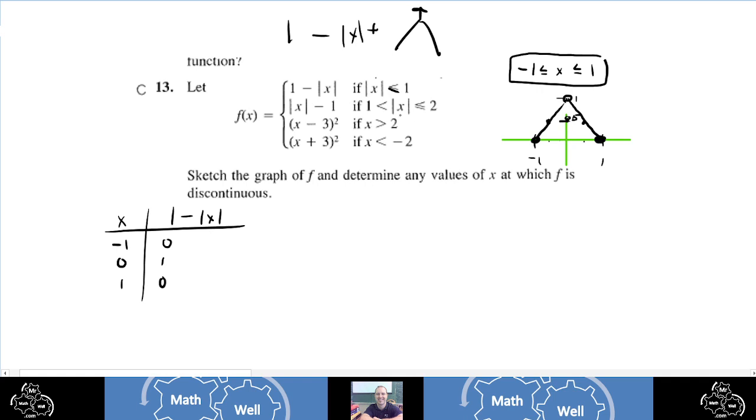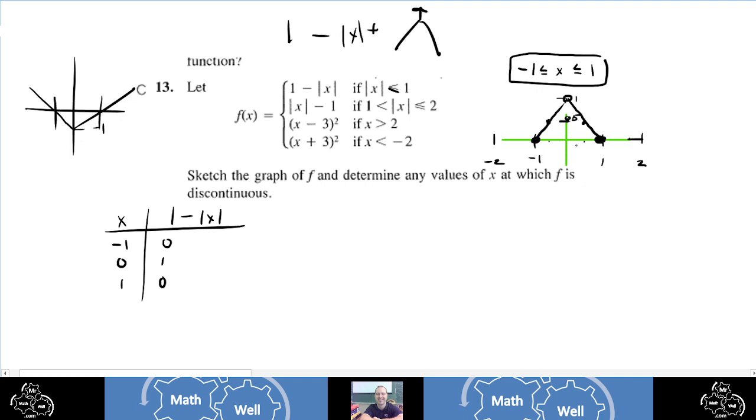What's this one? Absolute value of x is between 1 and 2. So that's between 1 and +2 over here, and between -1 and -2. The absolute value of x, just the number itself, is between 1 and 2, whether it's positive or negative. So this behaves like absolute value of x minus 1. Here's absolute value of x over here. Here's absolute value of x minus 1, where this is -1. So how do I draw this without including the -1 to +1?